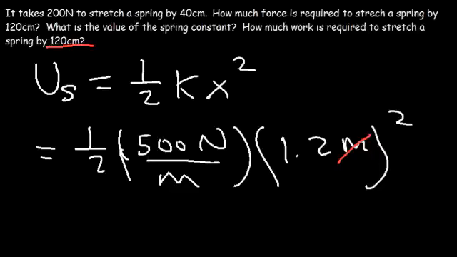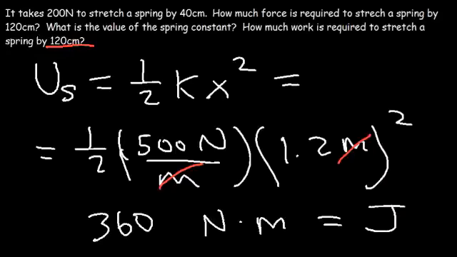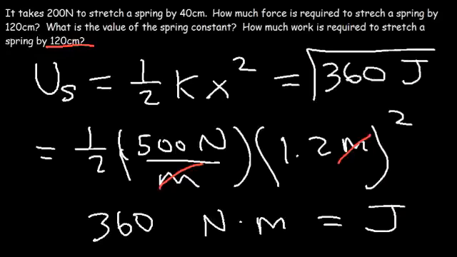And the unit meters will cancel, which leaves behind newtons times meters. There's 2 meters here since it's squared. Newtons times meters is equal to the unit joules. Half of 500 is 250 times 1.2 squared is equal to 360. So it takes 360 joules of work to stretch this particular spring by 120 centimeters.